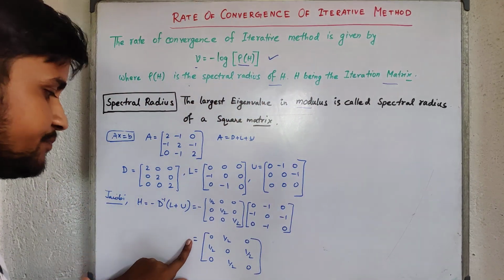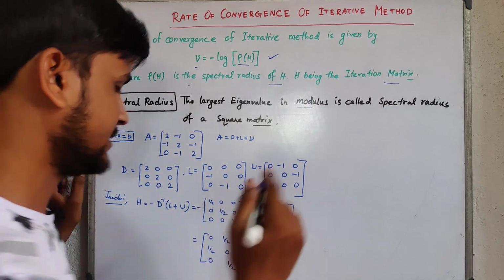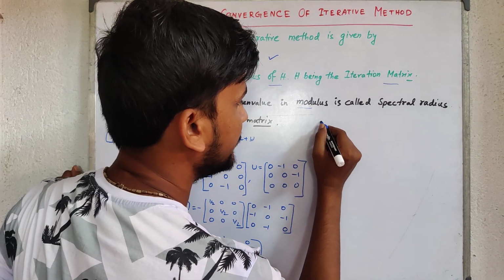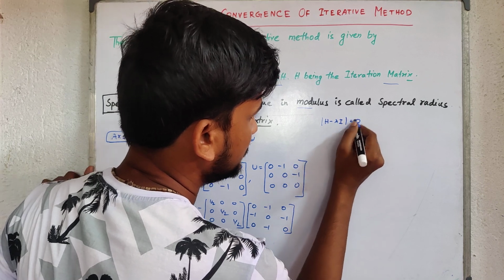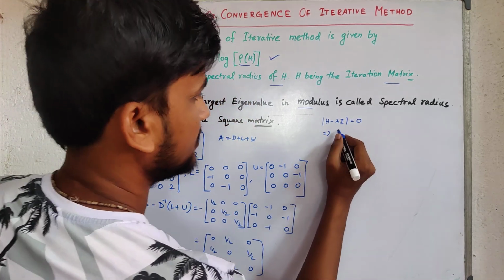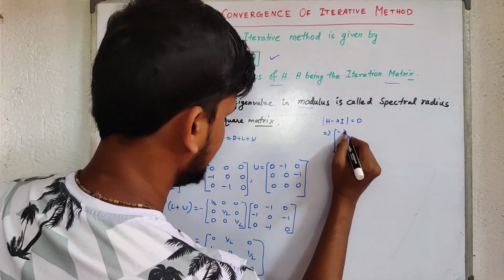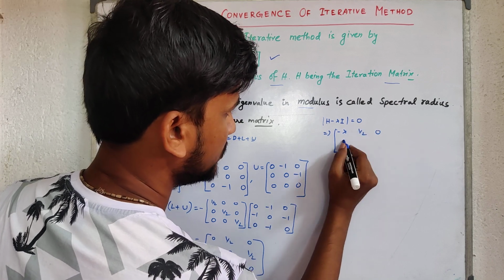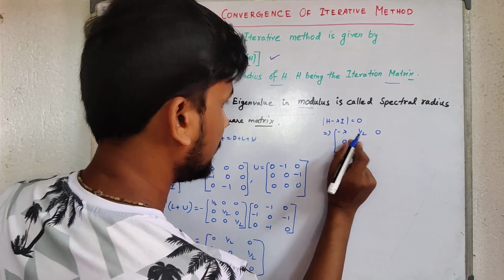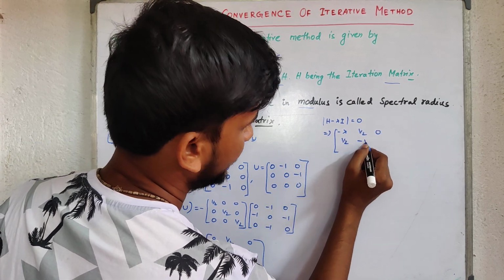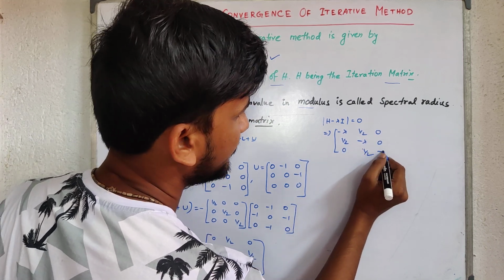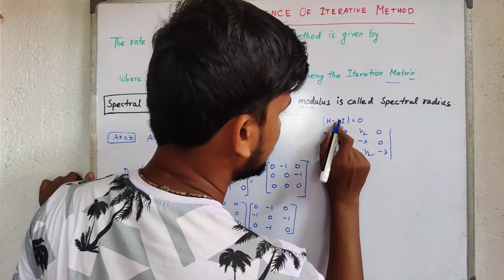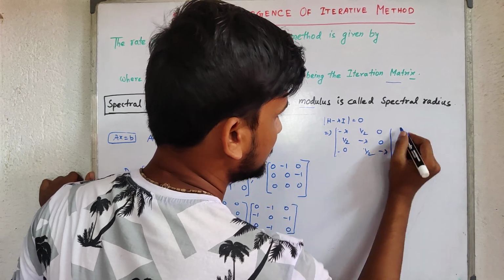If we calculate the eigenvalues of this matrix, the eigenvalues are given by the determinant of H minus lambda I equal to 0. This implies the determinant of -lambda 1/2 0, 1/2 -lambda 1/2, 0 1/2 -lambda, is equal to 0.